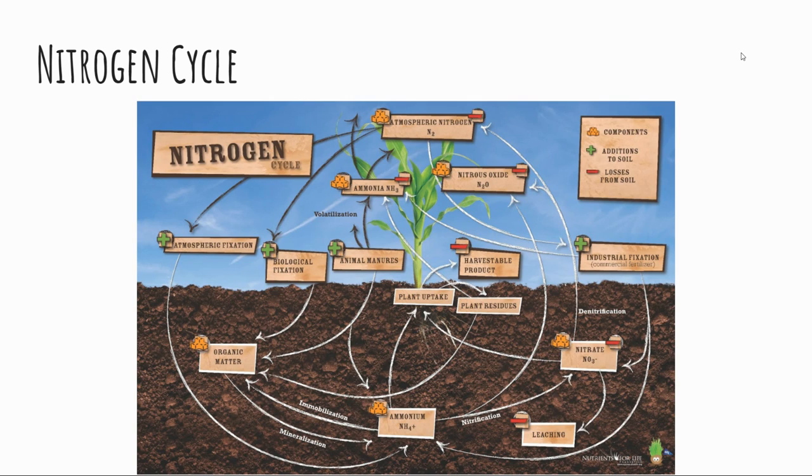Their root system and their chemical structure is an ideal match for bacteria that are going to fix nitrogen. The bacteria is going to get sugar from the plants. In return, the bacteria will fix nitrogen, which the plants will take up to use in their systems. And then when that plant is eaten by animals, then nitrogen will be transferred there. And then those animals are eaten by other animals, so on and so forth.